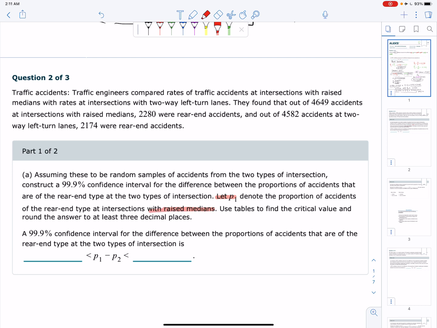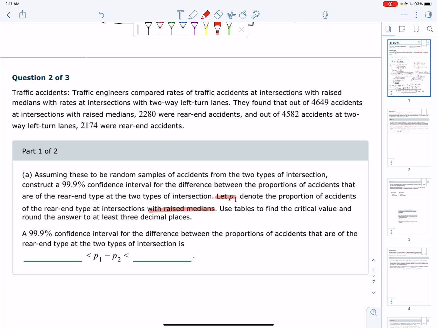Okay, so we want to let P, because this will help us a lot just kind of get organized. Okay, well, let's see if we could find that. Where's that up here?